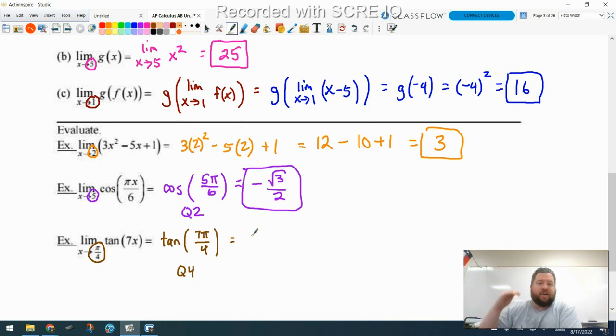So a negative divided by a positive is a negative. So tangent is going to be negative in quadrant 4. And then I also know that sine and cosine have the same magnitude at all the pi over 4 locations. They're both square root of 2 over 2. So if I do square root of 2 over 2 divided by square root of 2 over 2, I get 1. They cancel each other out. So this is just going to be a negative 1 right there.